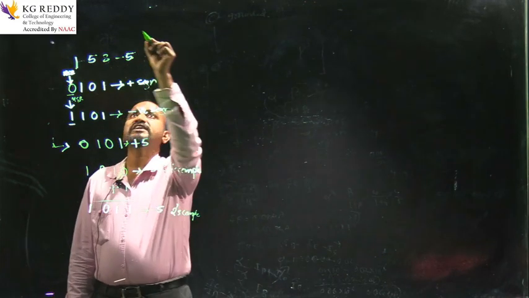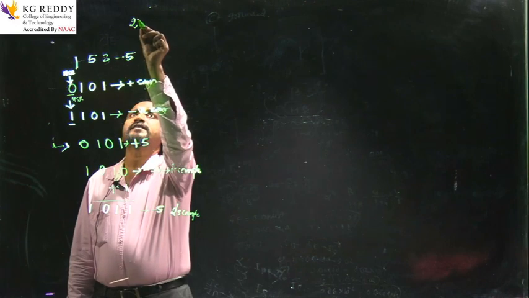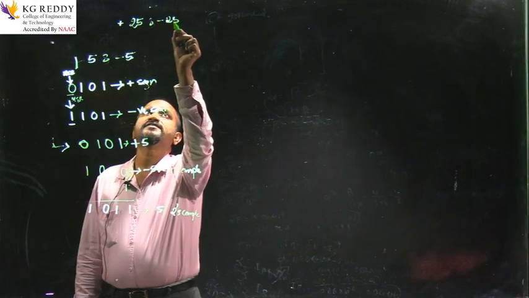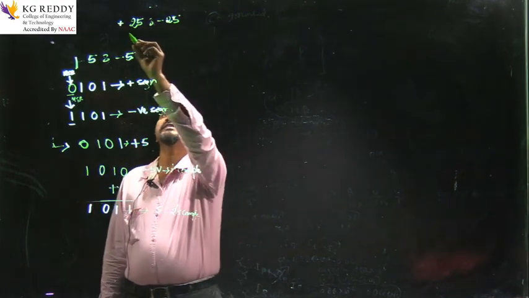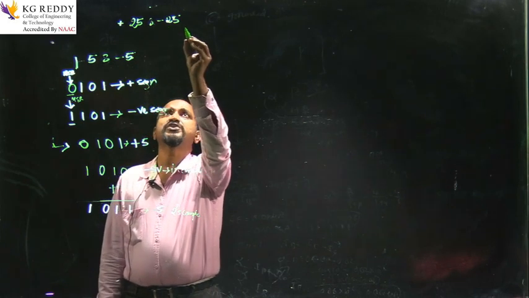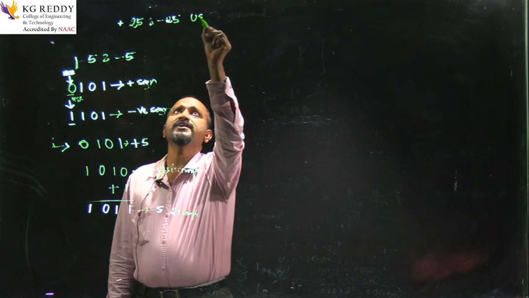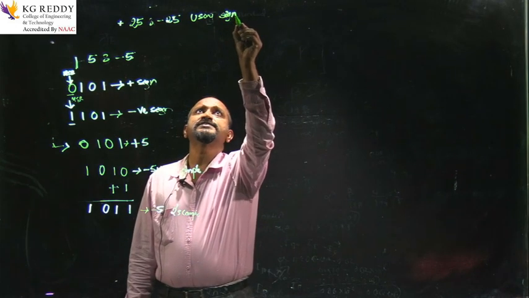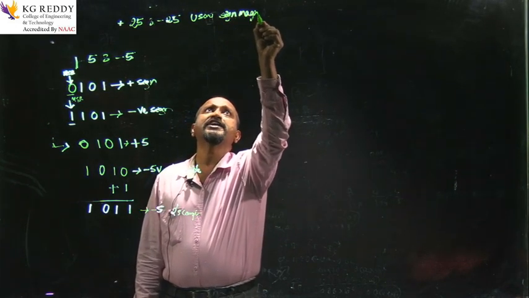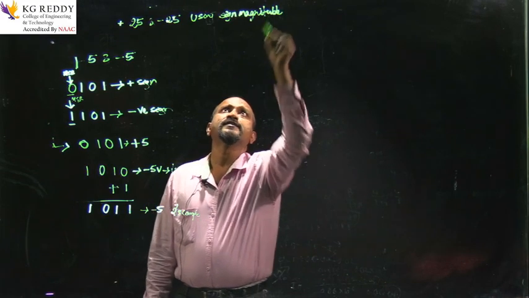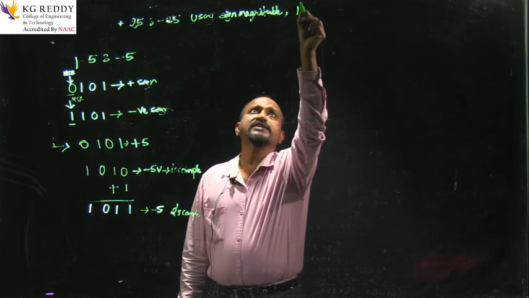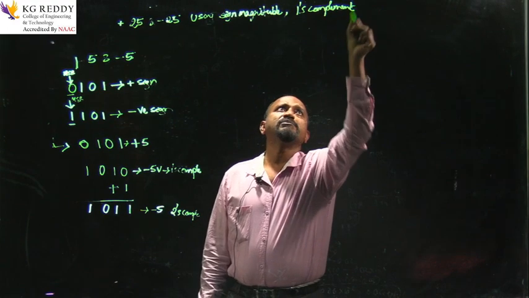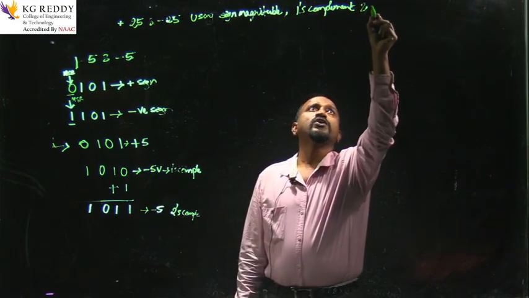Represent the decimal numbers plus 25 and minus 25 using sign magnitude, 1's complement, and, very important, 2's complement.